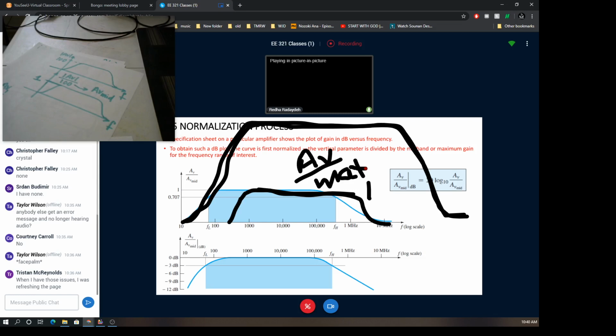Okay, this way I think is a more professional way to express the y-axis, let's say. Okay, is it clear now? Yes. Okay, very good. Thank you. Yeah, sure. Any other questions? Okay, we move on.